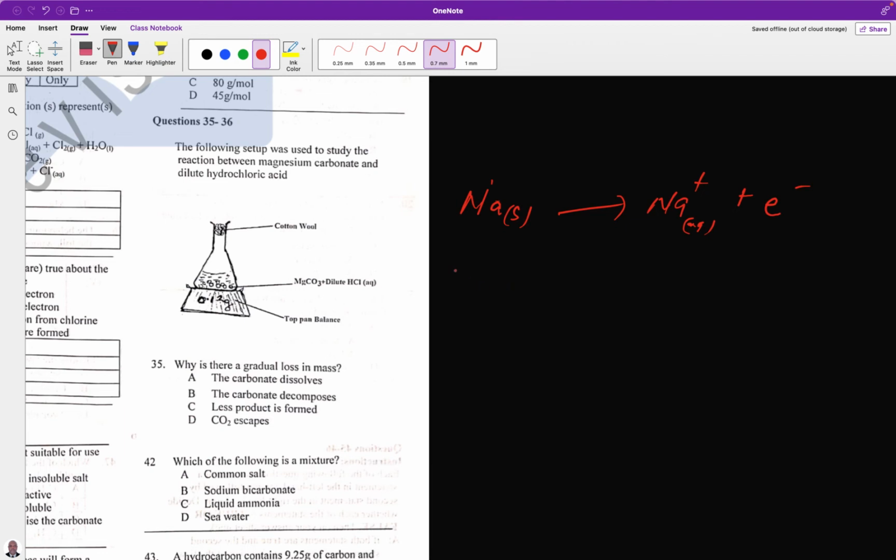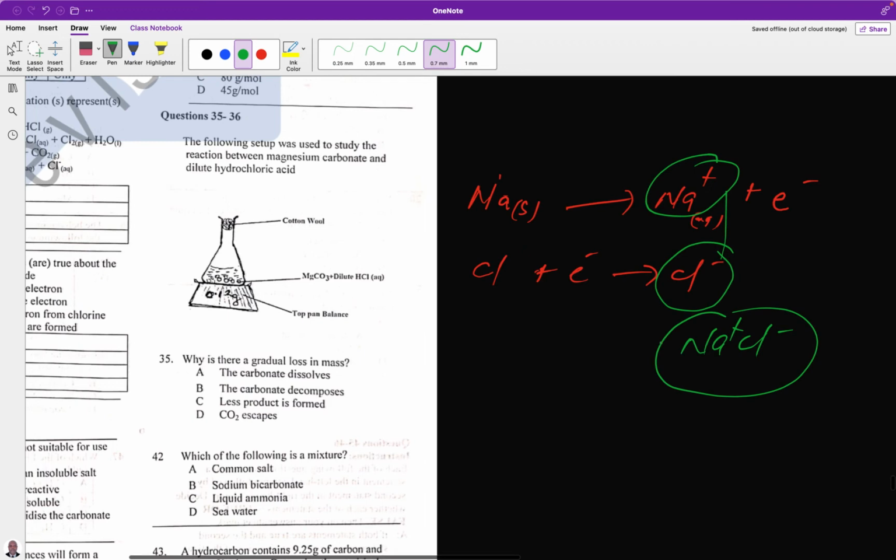Then chlorine will gain an electron to form what we call the chloride ion. So the sodium ion and the chloride ion are the ones that will give what we call sodium chloride. So we say sodium and chloride ions are formed.